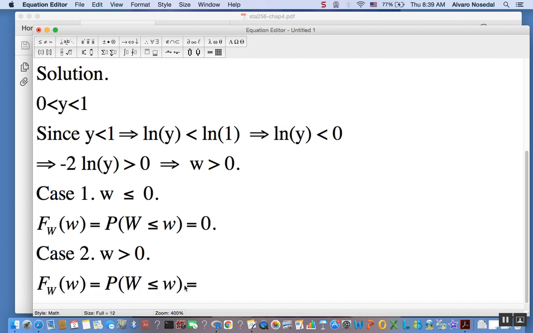So in that case, what's the idea? How are we going to proceed? Well, just like before, the CDF of W is, deep down, the probability that the random variable W is less than or equal to some number.